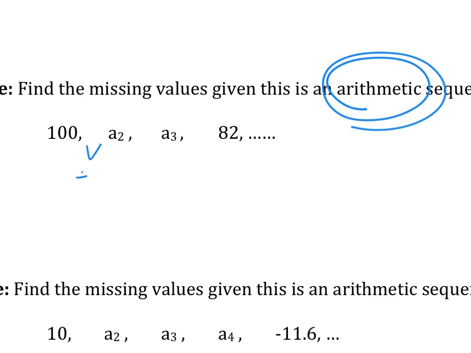So add a d to get here, add another d to get here, add another d to get here, right? So to get from 100 to 82, how many d's do you add? 3. So 100 plus 3d gives me 82. Can you figure out d? Yes. After you figure out what d is, can you figure out a2 and a3? Yes. So go ahead and do that.